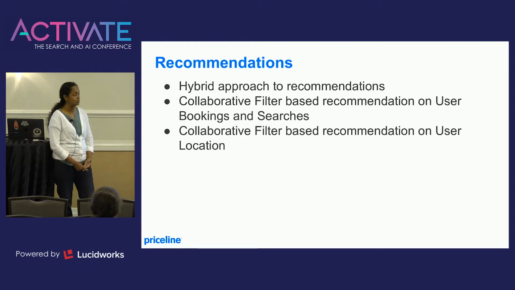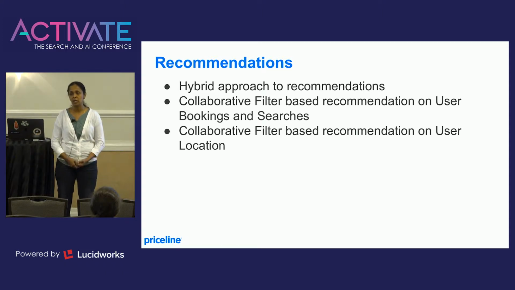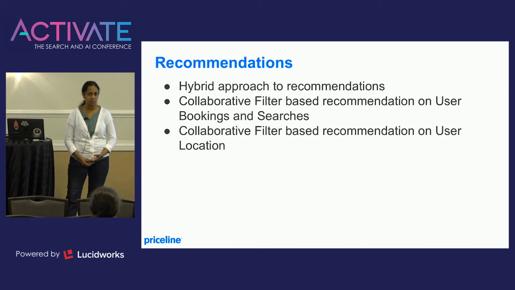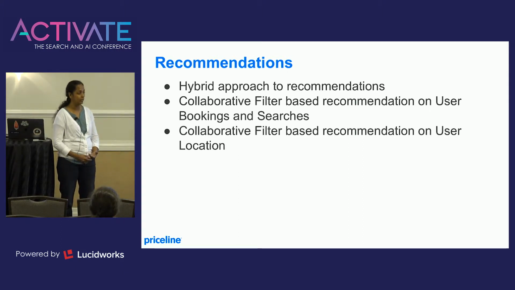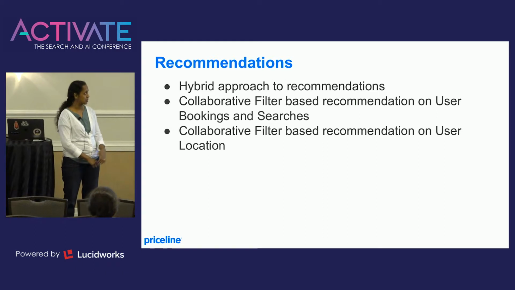One of them is a collaborative filtering based approach on users' past bookings and searches. I think many of you are familiar with this kind of approach, where you take a user's history and then you find users who are similar in behavior to this user, and try to recommend destinations from those similar users.